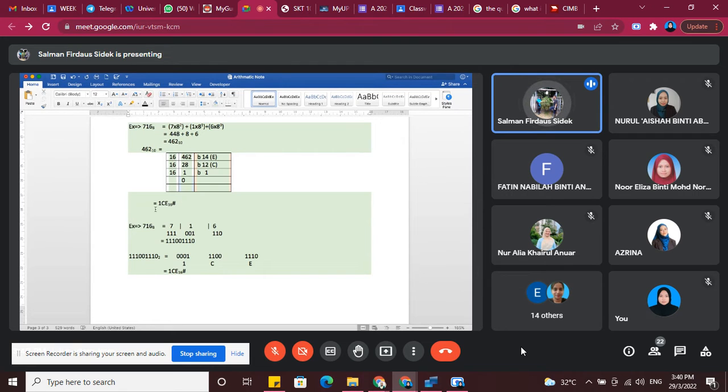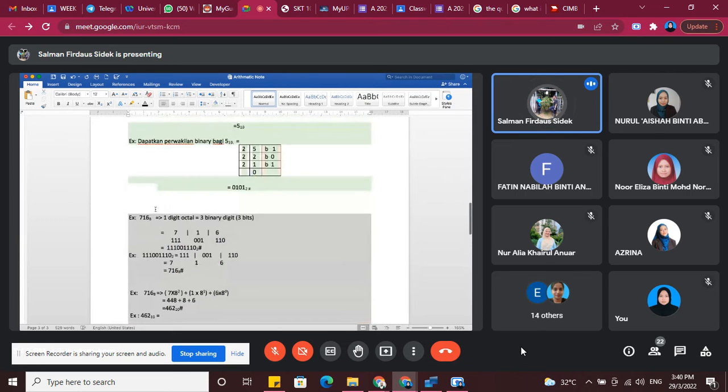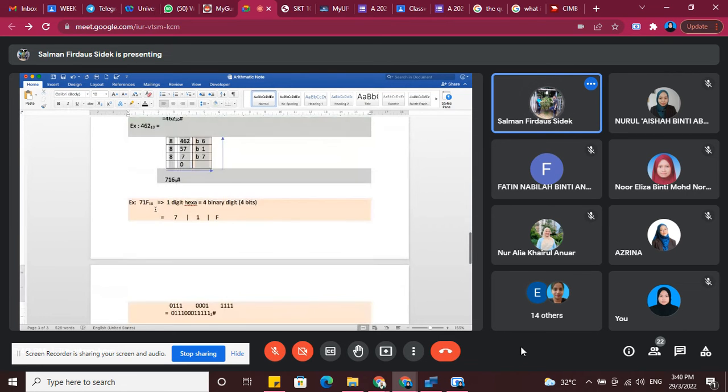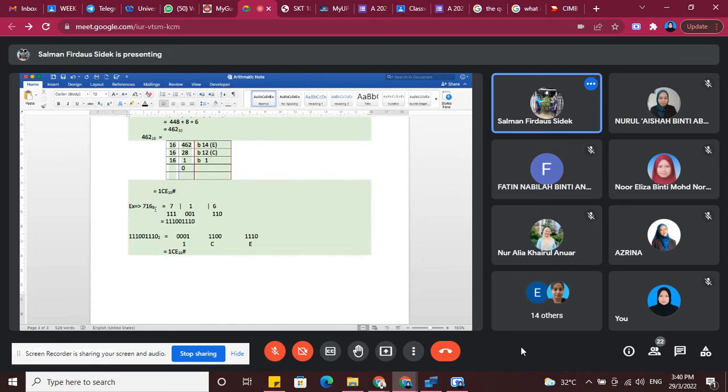So sebelum kita berhenti rehat sekejap, okay, can you make a conclusion what you have learned from last week until today? Apa yang awak dapat daripada kelas saya ni? First of all, apa yang awak dapat daripada last week sampai hari ni? Bagi satu ayat pun tak, bagi satu point pun tak apa. Apa yang awak tahu?